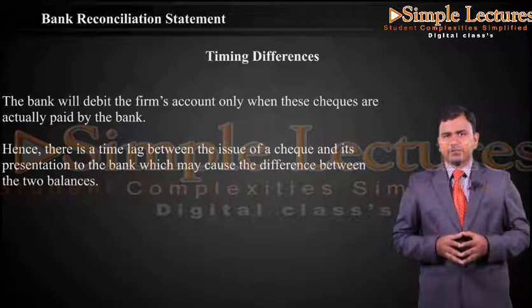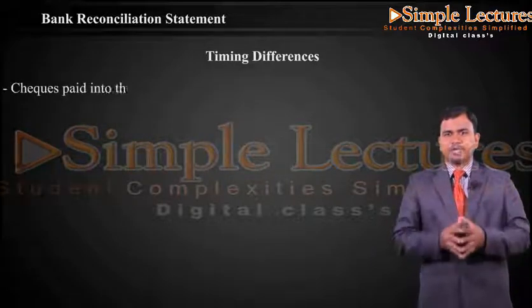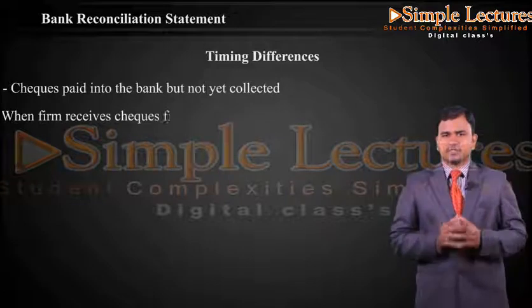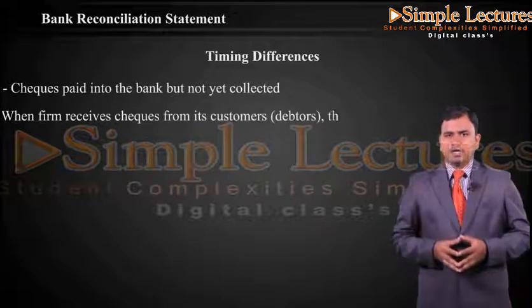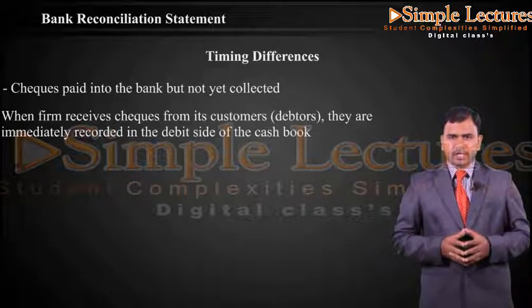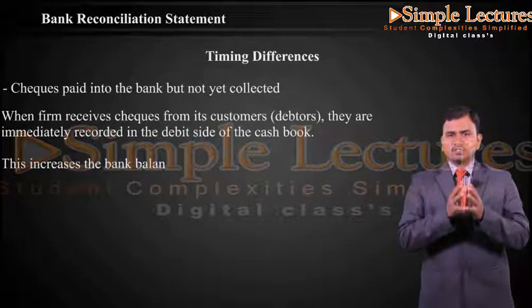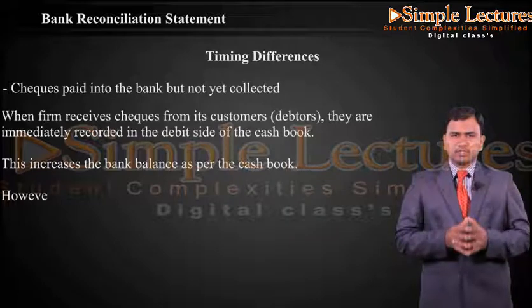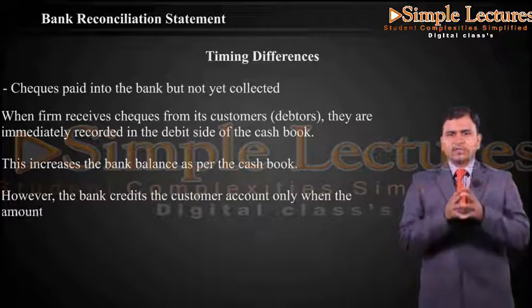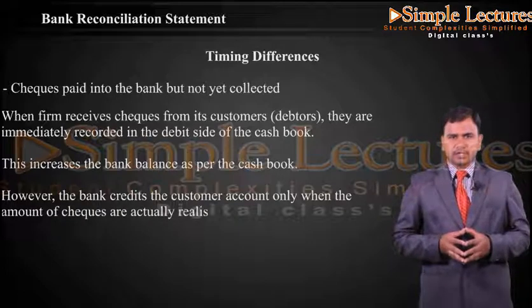Another point we have: checks paid in the bank but not yet collected. When the firm receives checks from its customers, which means debtors, they are immediately recorded on the debit side of the cash book. This increases the bank balance as per the cash book. However, the bank credits the customer account only when the amount of the check is actually realized.